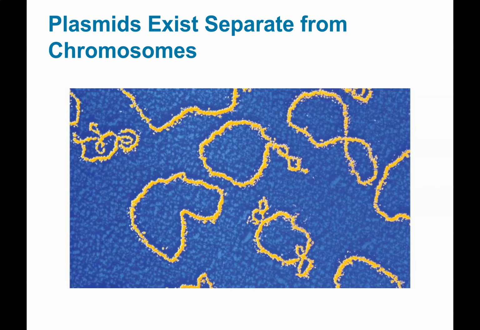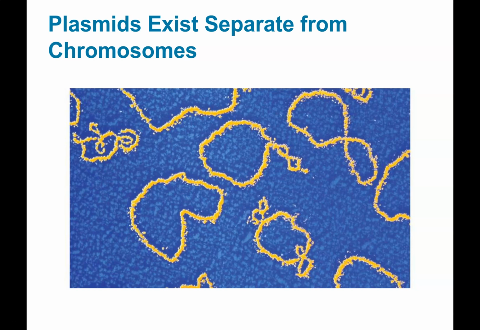Remember that bacteria have a single, meaning one, double-stranded circular chromosome for their DNA, but they also can have additional little pieces of DNA that are also circular, double-stranded, but they're only about 1 to 5% the size of the bacterial chromosome, so much smaller.